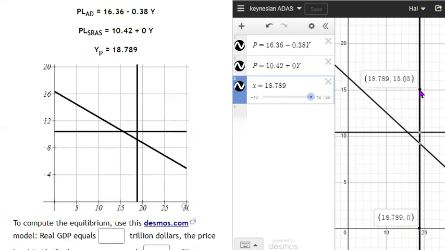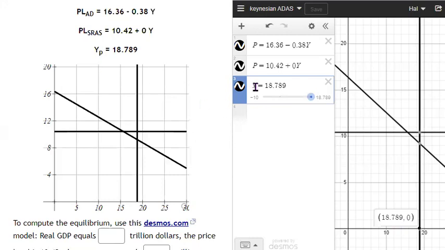If the price level were 15, potential GDP is going to be 18.789. If price level 0, potential GDP is going to be 18.789. Potential GDP does not depend on the price level. It is what it is, right? It's the real value of capital, land, resources, technology, the size of the labor force for the economy. It's the real value of all that stuff, and it happens to be 18.789 in my model.